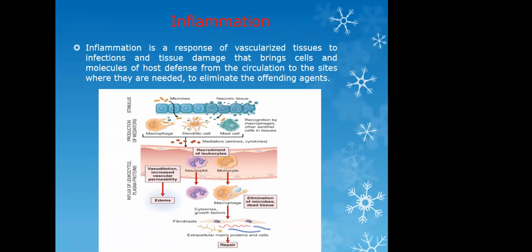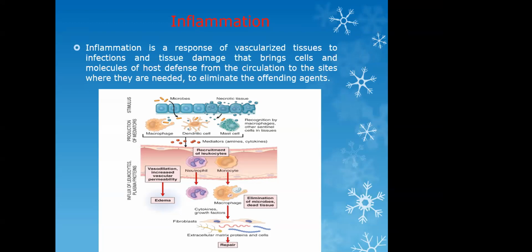It's a response of vascularized tissue to infection and tissue damage that brings cells and molecules of host defense from the circulation to the site where they are needed to eliminate the offending agent. Means in blood vessels, we have RBCs, WBCs circulating continuously. We need those WBCs to come out from the vessel, go to the site where the infection is taking place and kill that infection.